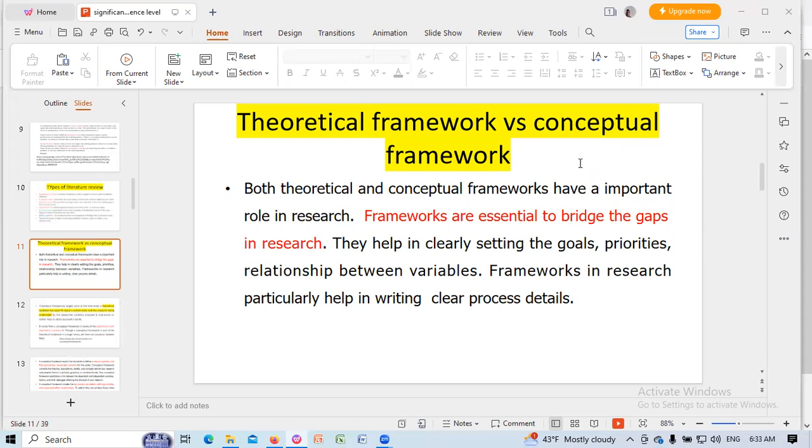So, both theoretical and conceptual frameworks have an important role in research.